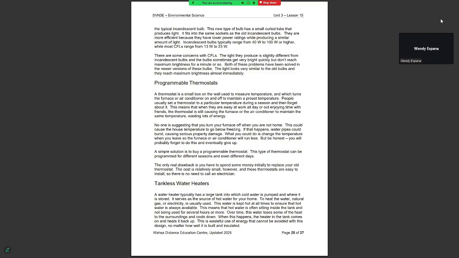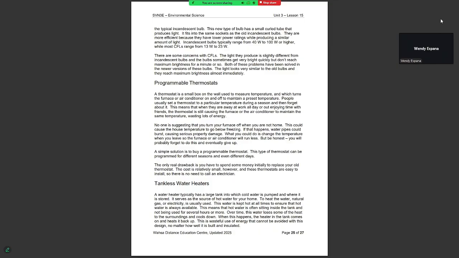The point being, when you go to the store to buy a light bulb, buy ones that use less energy, produce just as much light, but don't cost you as much energy, as much money.